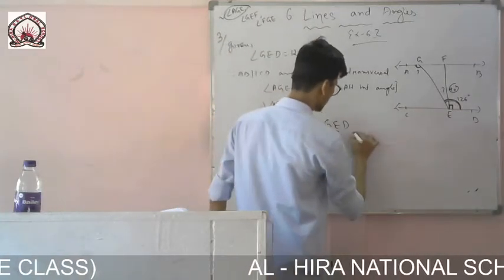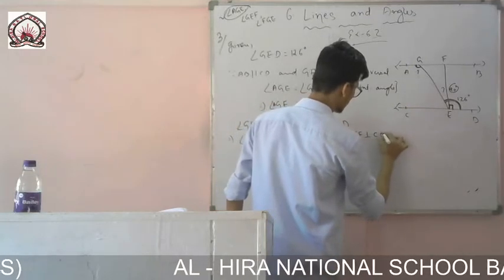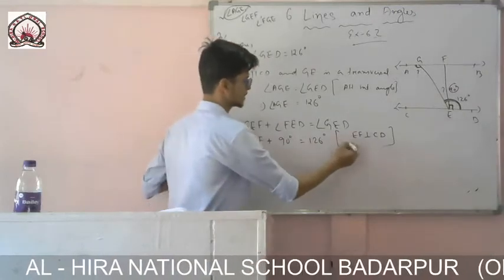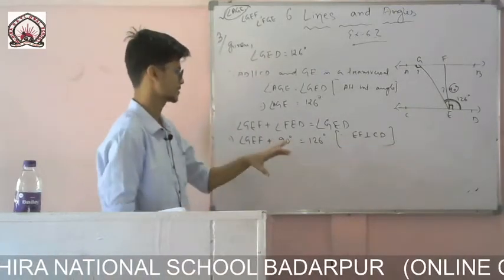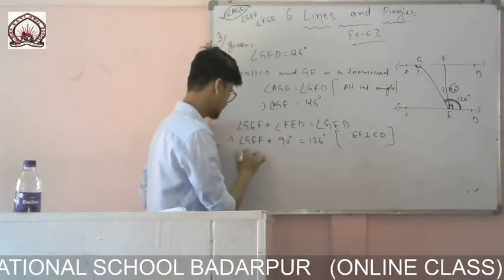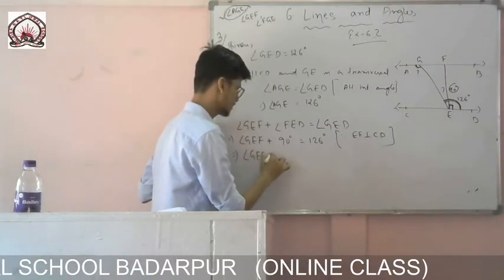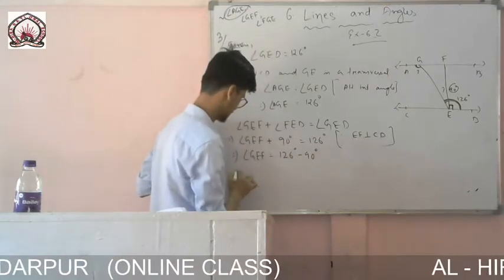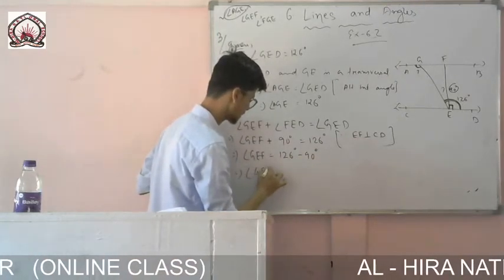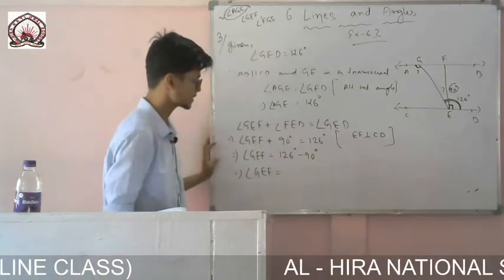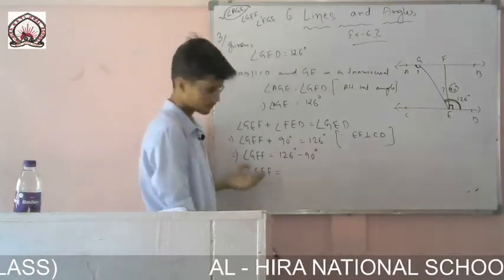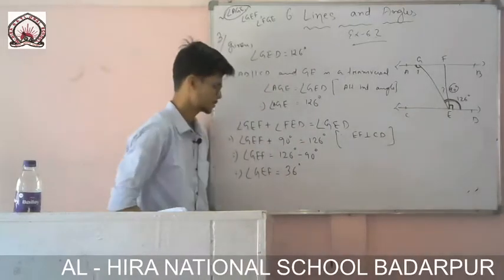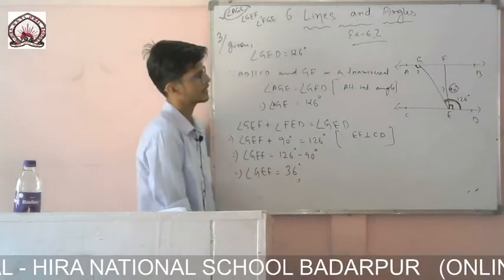So you write: since EF is perpendicular to CD, therefore FED equals 90 degrees. Now I can find GEF: angle GEF is equal to 126 minus 90, which is 36. So the measure of this angle is 36.